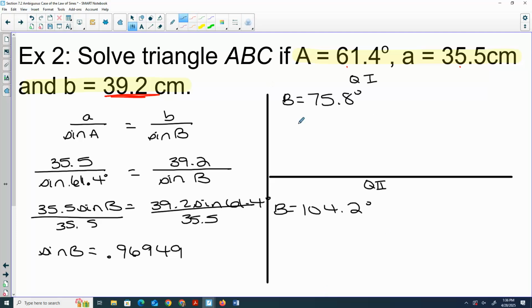So now we can find angle C. So let's just deal with that first triangle. We know all the angles add up to 180, so we can do 180 minus 75.8 minus 61.4. So in that first triangle, angle C would have to be 42.8 degrees.